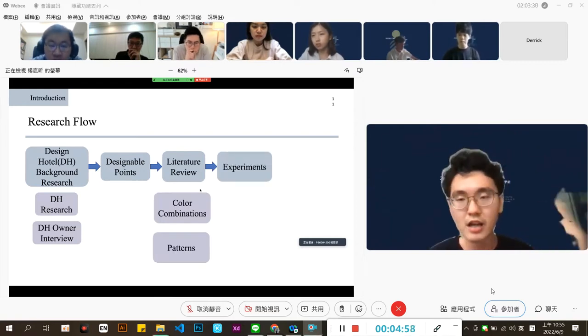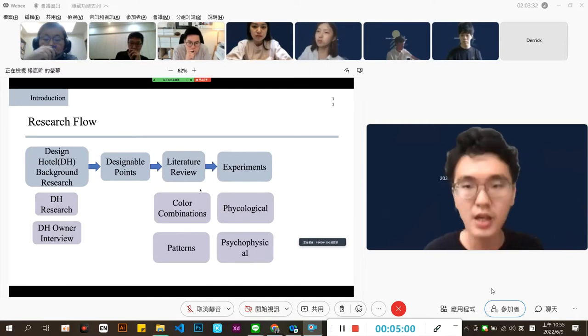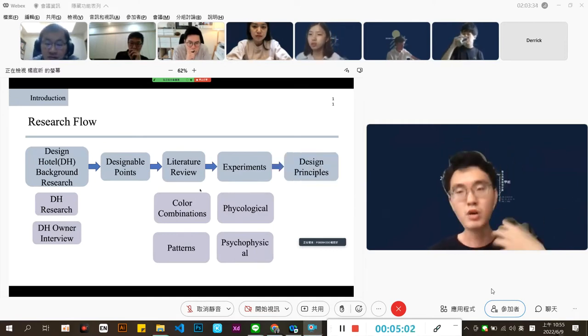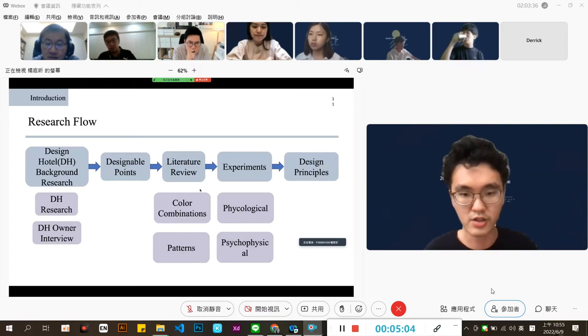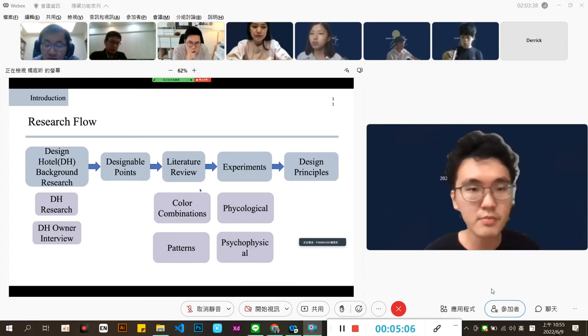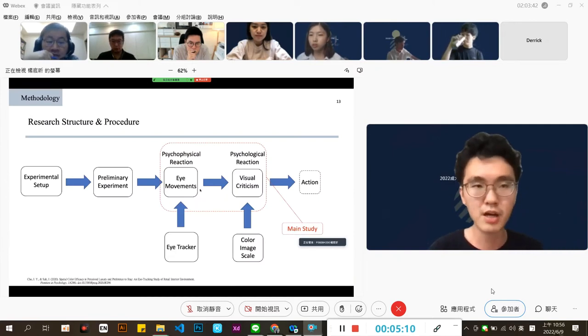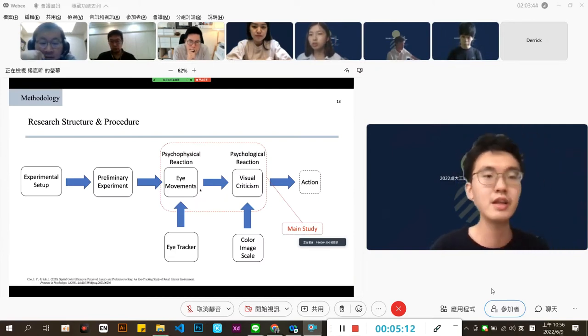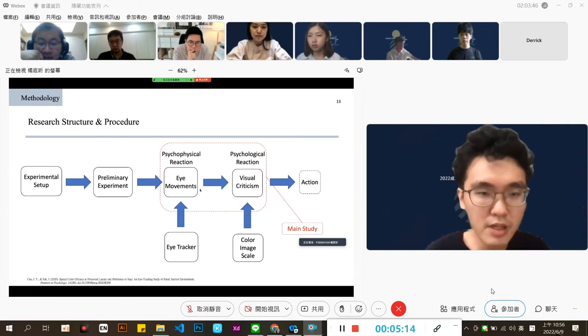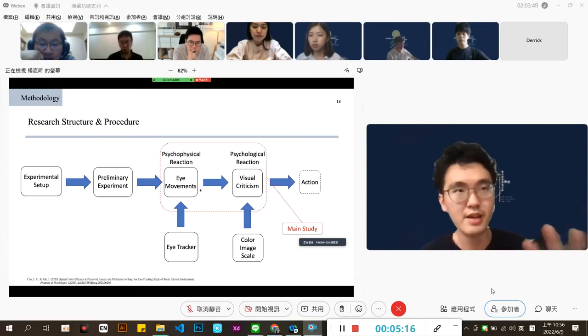We will conduct psychological and psychophysical experiments and conclude with some workable design principles for the design hotel guest room. To achieve this, we conducted a research structure including an experimental setup and a preliminary experiment, which serves as a pilot study.